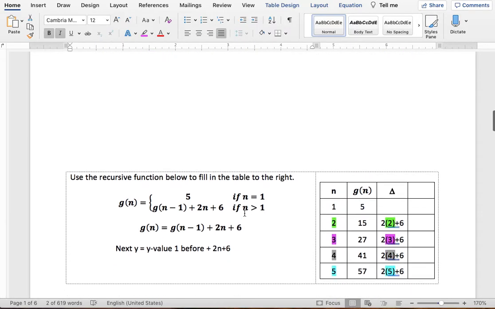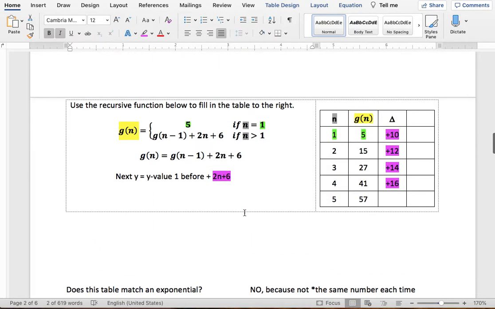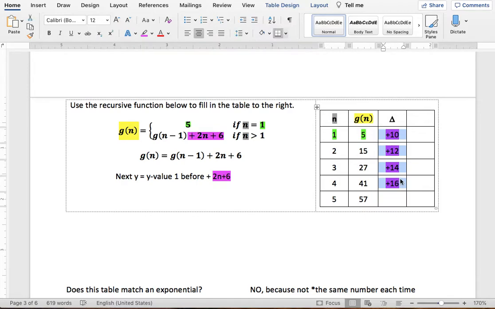So to summarize how to create this red part, you take this change column, you move it down one spot, then you find the equation for this red column compared to this column here.